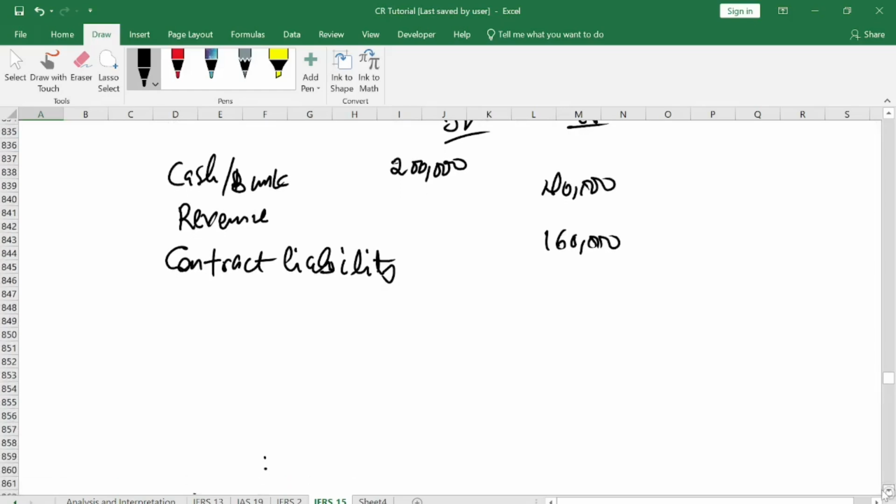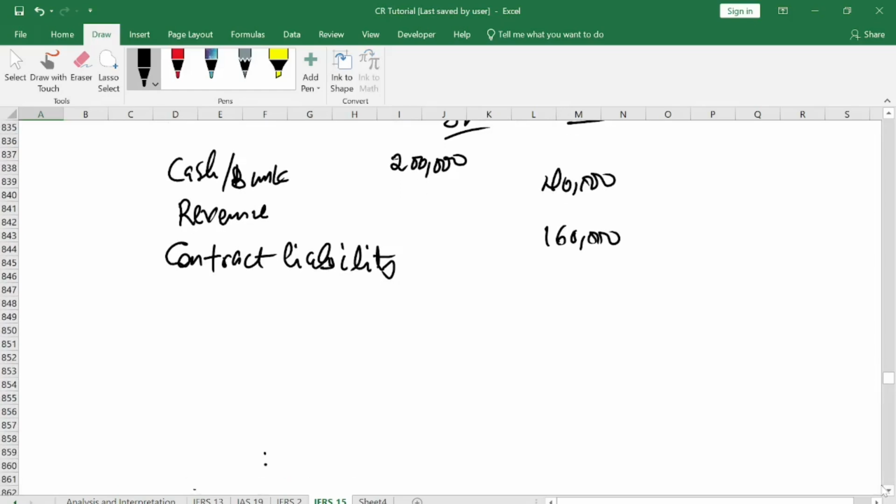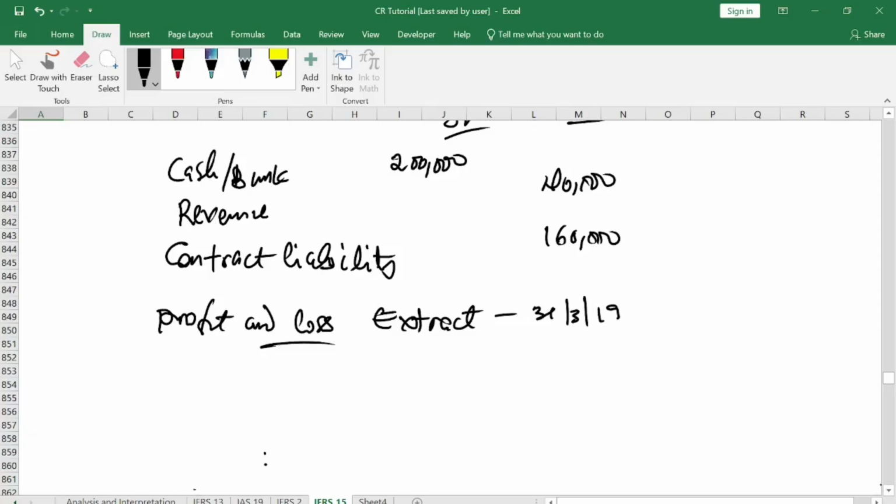All right. So after having done this, then you can do your extracts. So your profit and loss extracts. The company's accounting year ends 31st March 2019. So you have your revenue. Revenue comes from two sources. You have the one from hotel contracts, and then goods delivery.